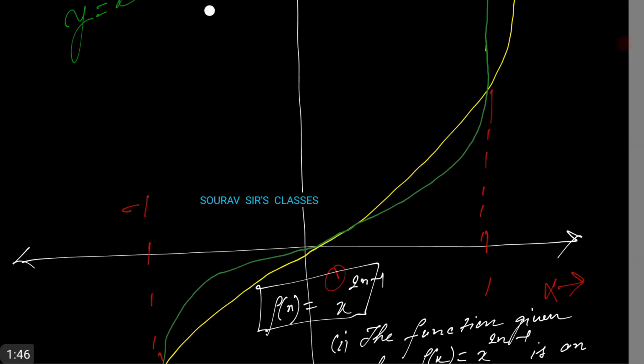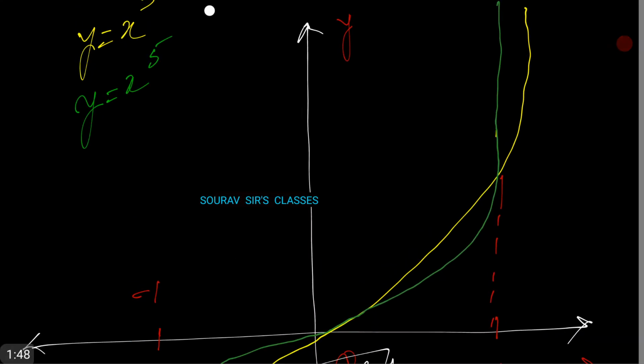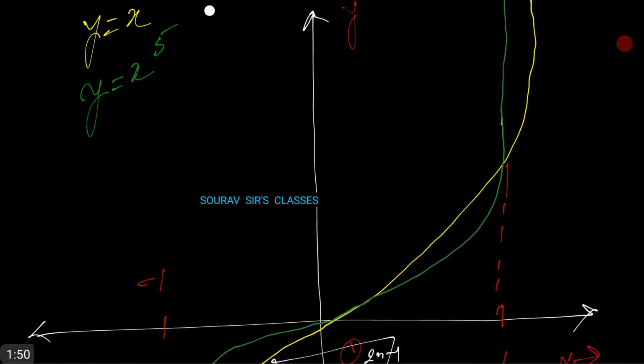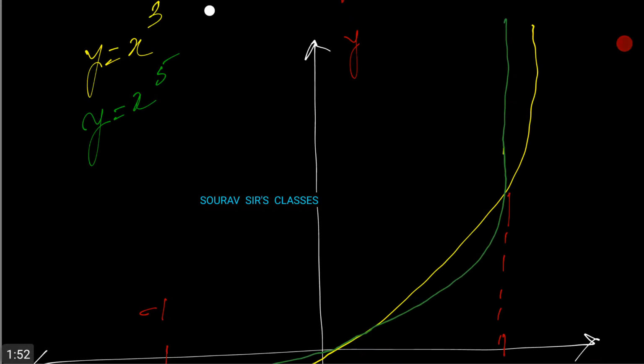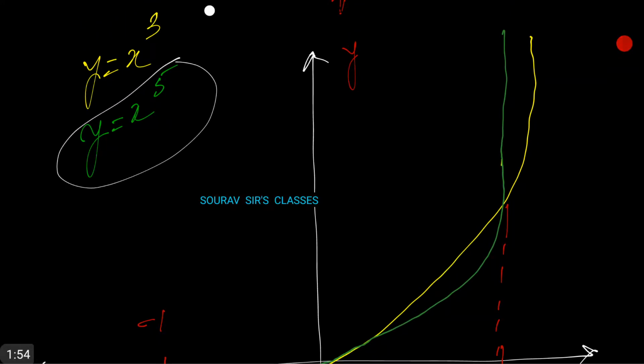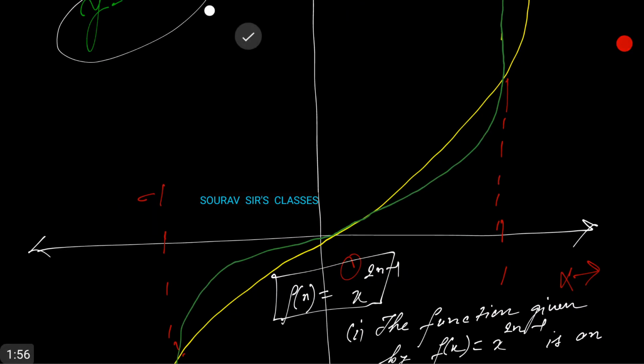We'll note that the graph with the higher power, I'm talking about y equals x to the power 5, before 1 bulges out more than the graph with the lower power, that is y equals x cube. Just note that this is before 1.